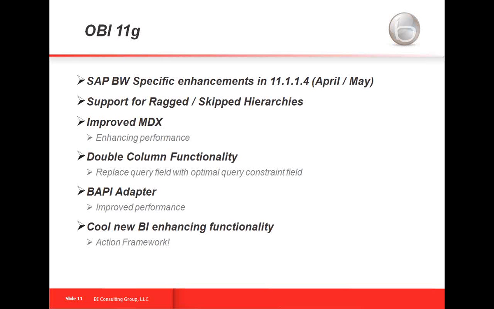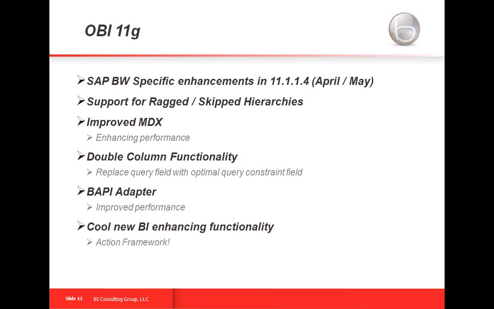But in 11G, the functionality to make it easier to work with those is already built in. There are also going to be some improvements to the MDX, which are going to enhance the performance. There are some adjustments being made to help the SAP BW server process the information a little better, and those enhancements are coming out shortly in the .4 version.